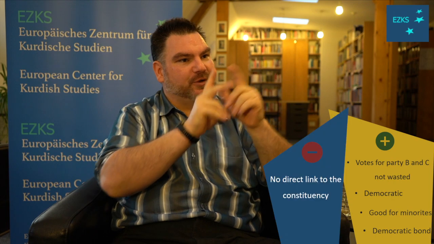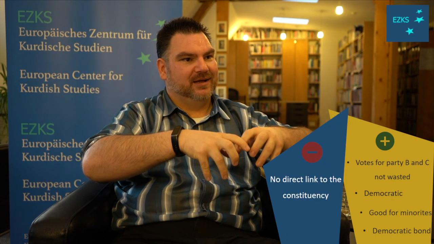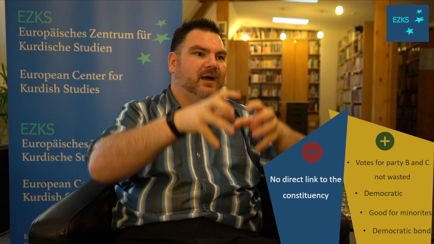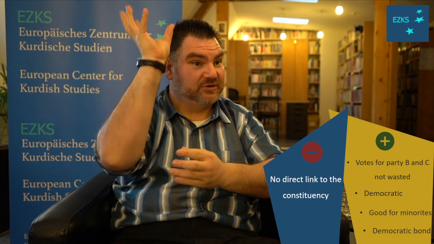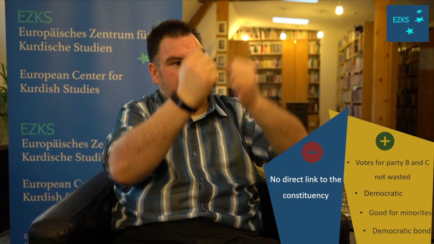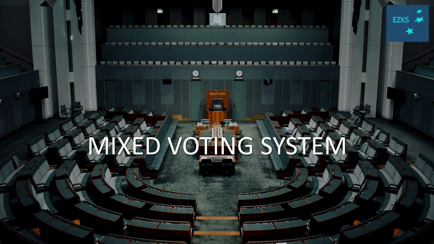They will always win that area. The problem with proportional representation is, of course, that the direct link between the MP and the area is not there. That link is more direct in a majority system, because people vote for a person, and whoever gets the majority is elected. That's often seen as a more direct connection to your constituency, and you represent the people in a constituency strongly.